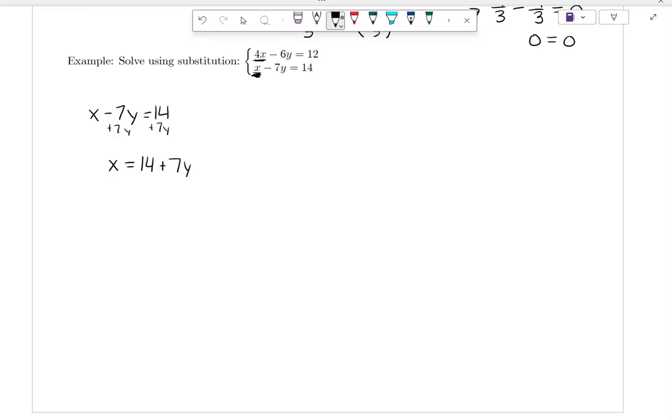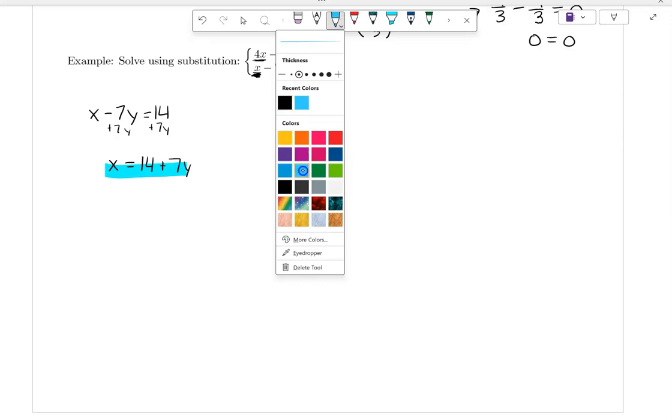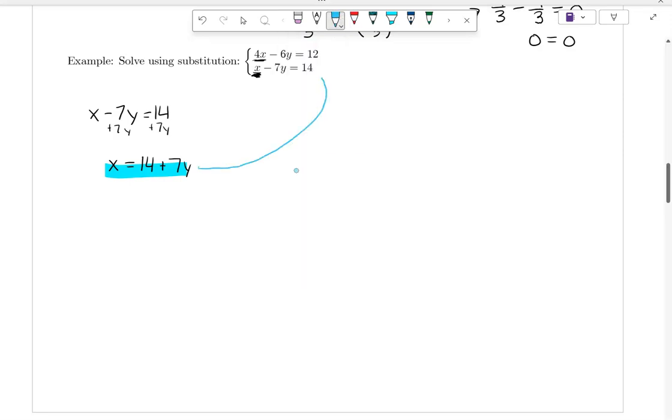Then our next step is to substitute. So we can substitute x back in to this equation. So we're going to substitute x in right there.